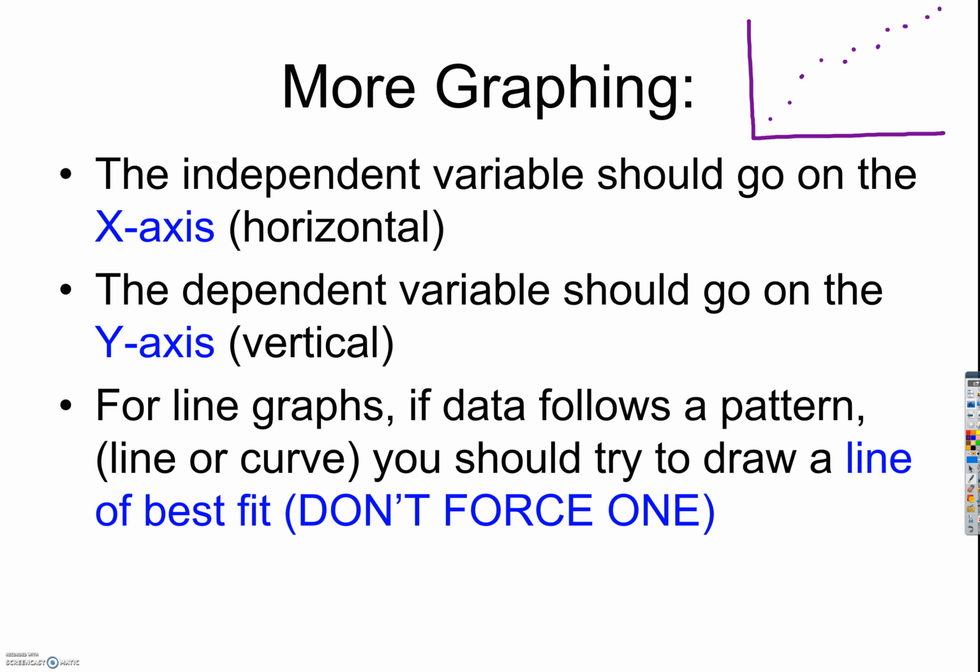And then what you may be asked to do is to make a line of best fit. A line of best fit is where you try to create a line that sort of hits most of the points, or is an average between the points. If you are unsure, if you're doing a lab for me and you're wondering, do you want me to make a line of best fit, or do you want me to connect the dots? Just ask, and I will be glad to tell you.